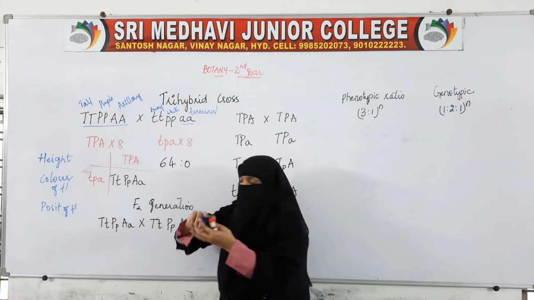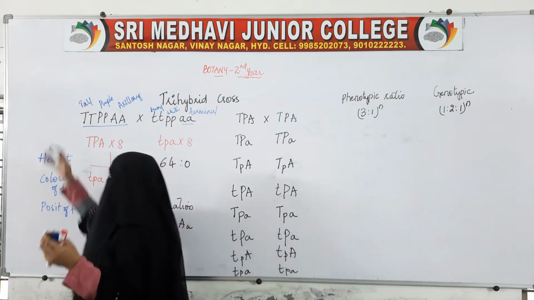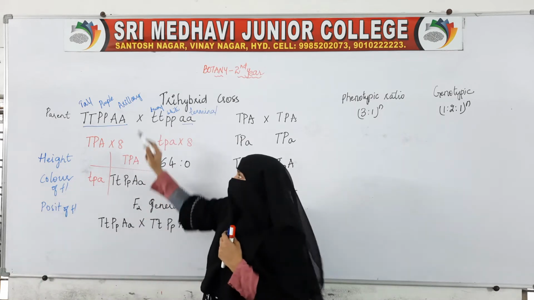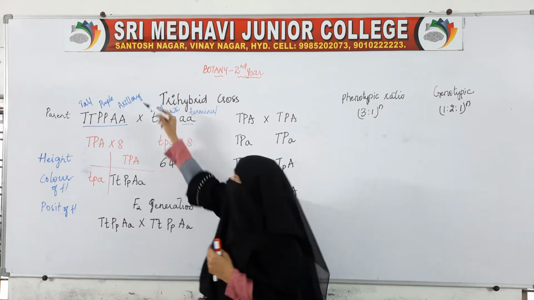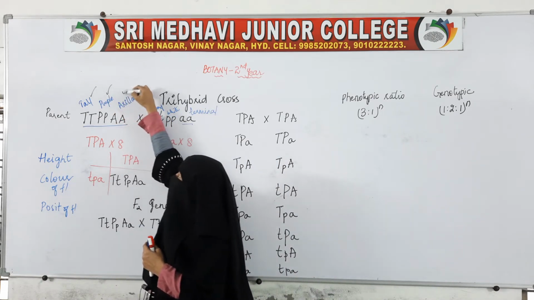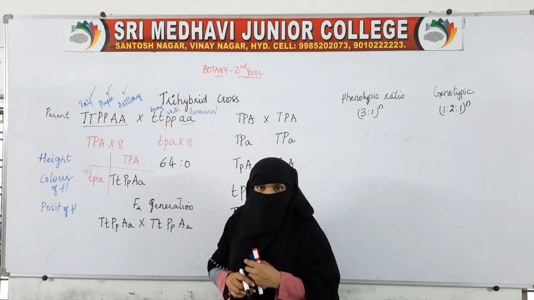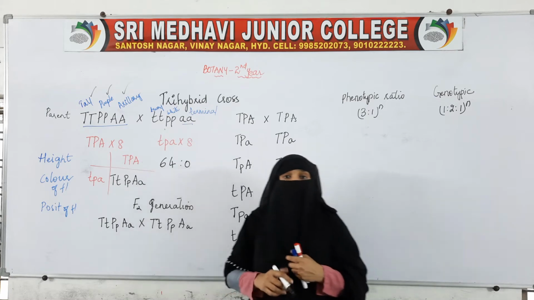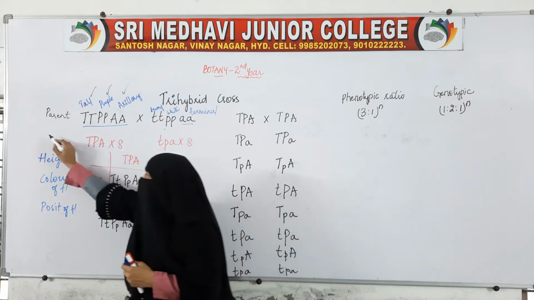Now this is the parent generation. We are crossing two parent plants to check for three characters. The parents will first produce gametes.